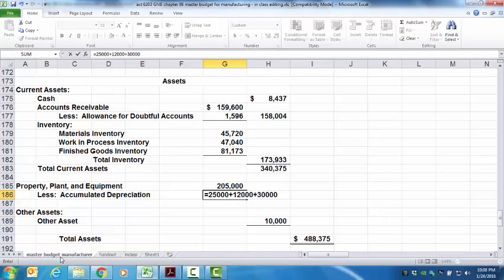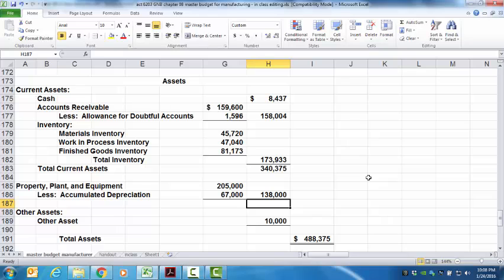Now the $12,000 and the $30,000, of course, we'd already incorporated back into the budget, and you could go back and reference them as well. But for the sake of time and simplicity, I'm just going to type the values. And then, of course, when you take that away from what you have bought, that gives you what's called your book value. So we have $138,000 left on the assets for property, plant, and equipment.